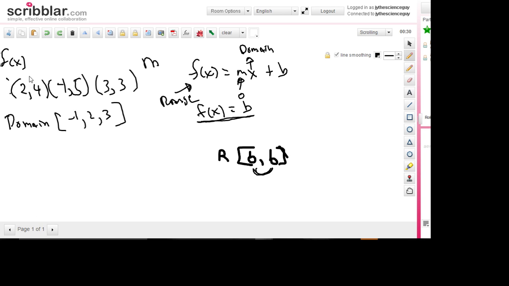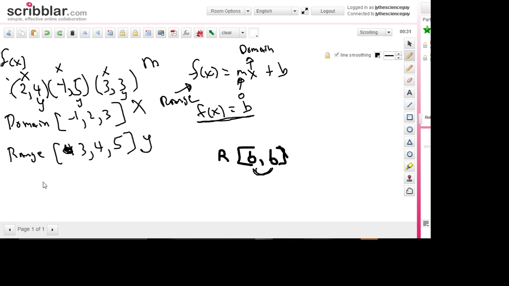That's an x value, that's an x value, and that's an x value. And when you write the domain, you write them from least to greatest. The range would be 3, 4, 5, because this is a y value, that's a y value, and that's a y value. So it's just the values. These are all the x's, these are all the y's. That's the difference between domain and range.